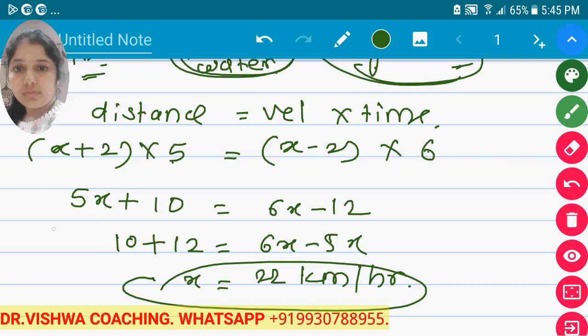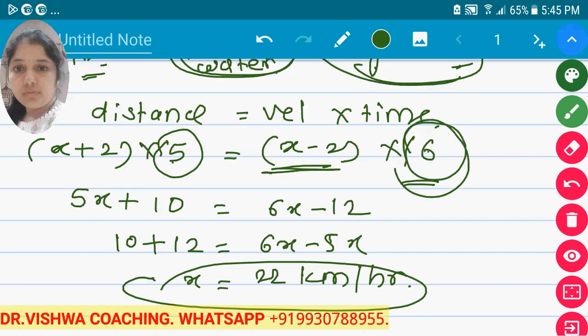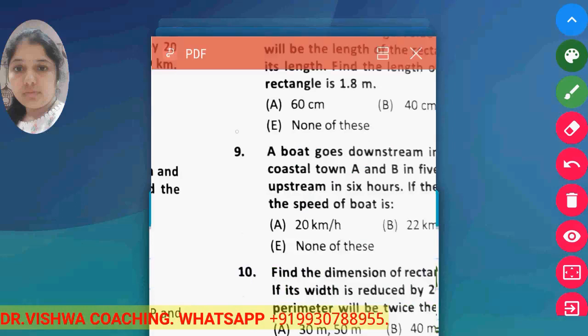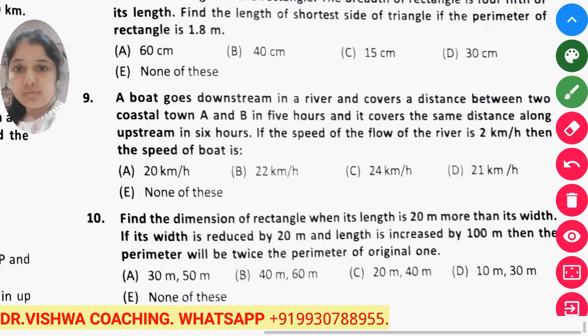So for the same distance, with greater speed, it needs less hours to travel, and against the flow of water, it needs more effort to move against the direction of the flow. So it takes more time. Okay, now you got the speed, which is 22 kilometer per hour. So option B is the correct answer.